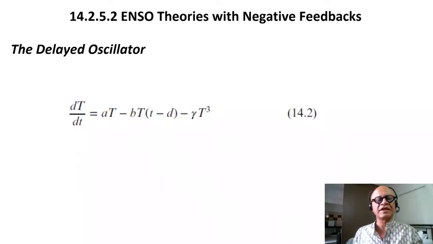One is called the delayed oscillator, the other one is called the recharge-discharge oscillator, and there are others which are not as popular, such as the western Pacific oscillator and an advective-reflective oscillator or some such thing that we will look at.